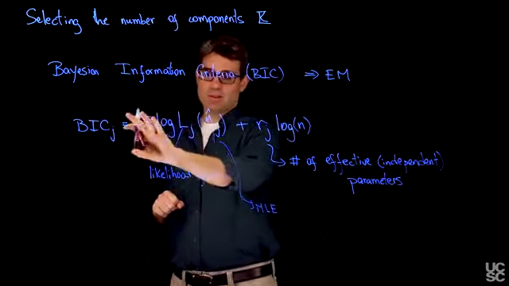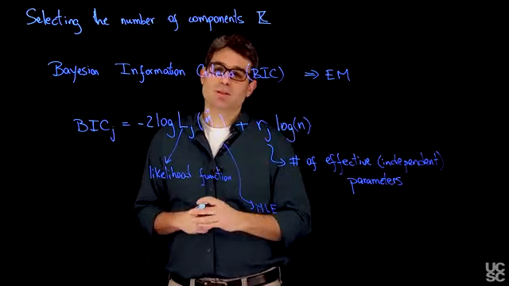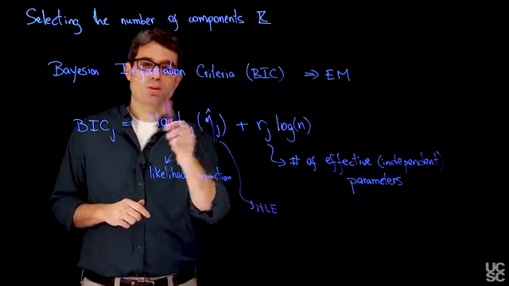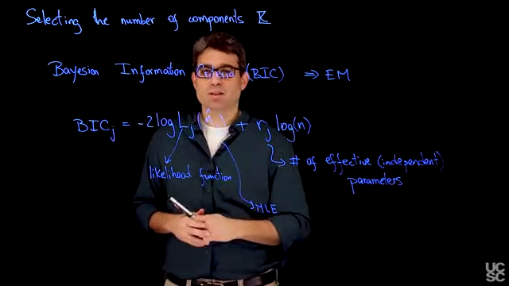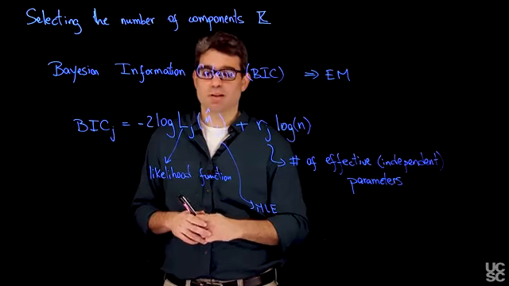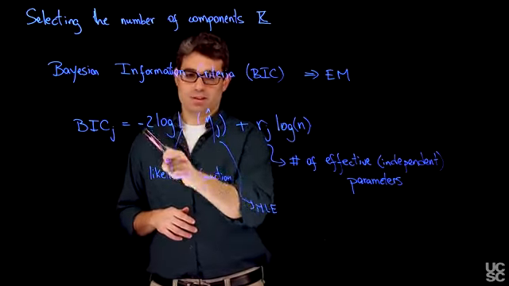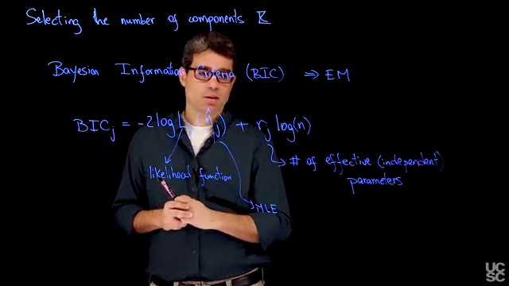Now, as you can see, the BIC is made up of 2 terms, and these 2 terms can be easily interpreted. So the term on the left is essentially a goodness of fit term. Remember that one way to think about what the likelihood does is tell you how well the model fits the data. So if the likelihood is high, then it's because the model fits the data well.